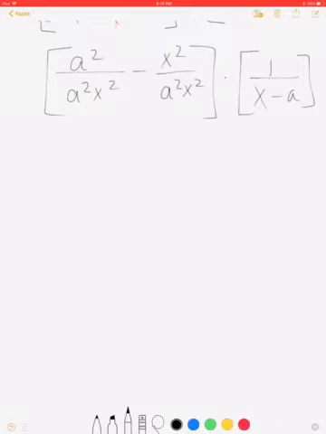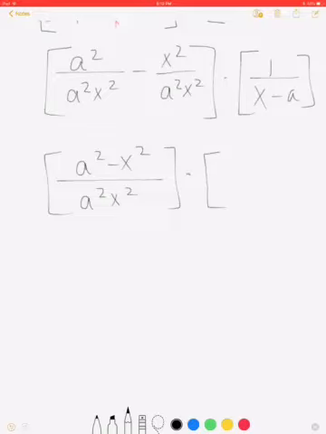Now, I'm going to go ahead and rewrite the numerator as a squared minus x squared all over the like denominators. Right? So I noticed that a squared minus x squared is a difference of squares, meaning a times a is a squared, x times x is x squared, and since it's subtraction, the middle terms would have canceled out.